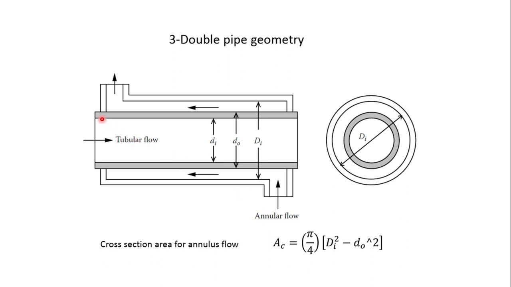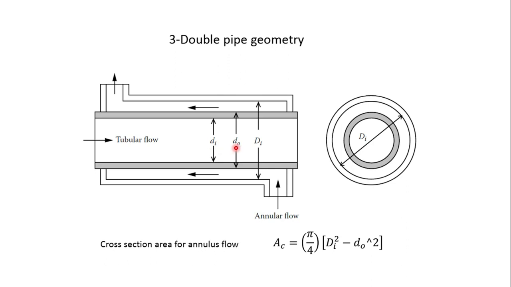Consider this is the inner pipe, and this is the outer pipe. The inner diameter of the inner pipe is represented by small d i, because the inner pipe has the smaller diameter and it is represented by a smaller d, and i stands for the inner diameter of the smaller diameter pipe.